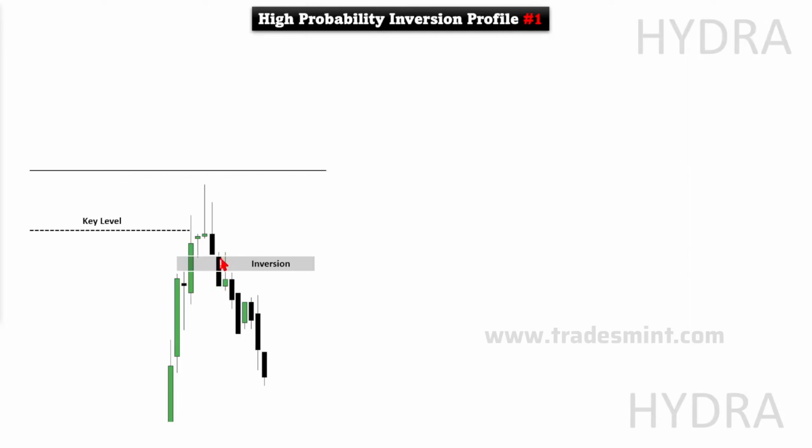And when price does that, it's one of the highest probability market profiles that you can find anywhere, okay, folks? Because you can manage your stop loss very, very tightly. You can put a very narrow stop loss with this model.